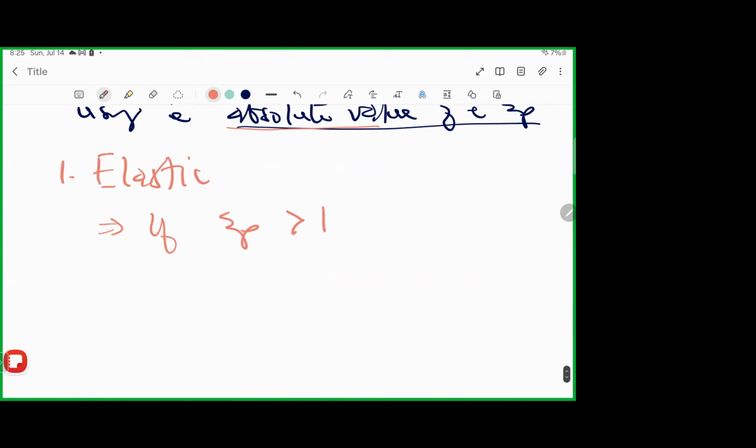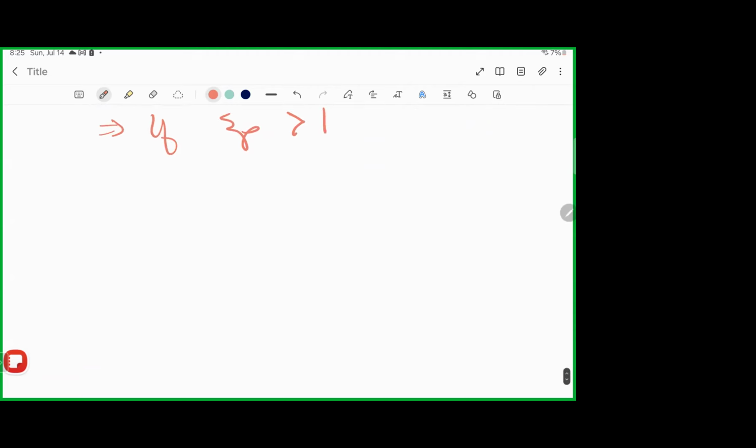So if price elasticity is greater than 1, it means that the demand for that particular good is elastic. And what does that mean? Let's look at this. This is quantity, this is price.